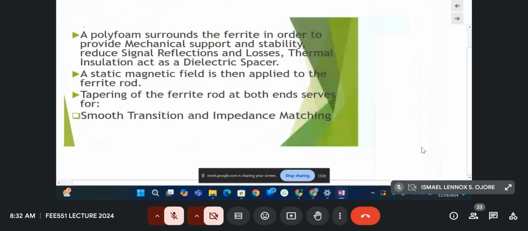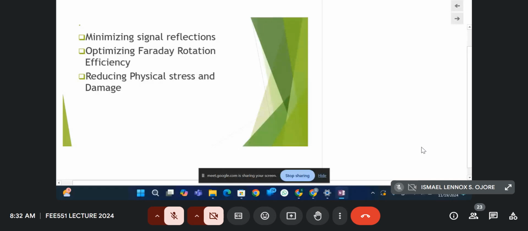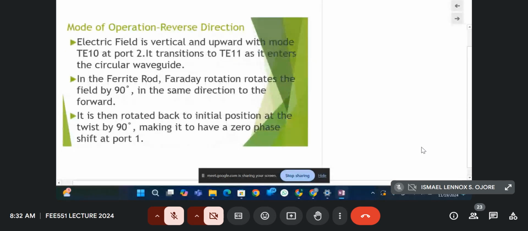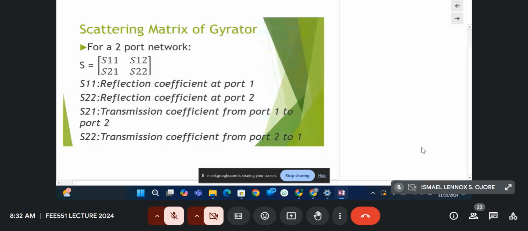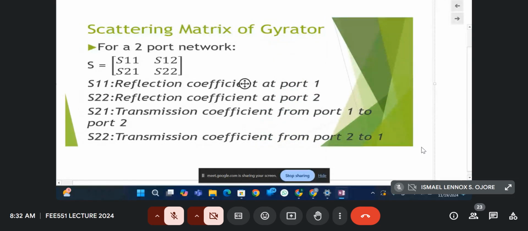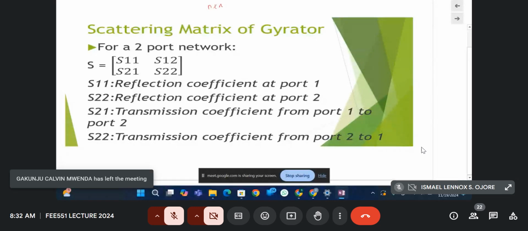Then I'll go ahead and discuss the scattering parameters of the gyrator. We know the scattering parameters of an n-port device is an n by n matrix. So this is a two-port device. It will have a 2 by 2 matrix, where S11 is the reflection coefficient of port 1.